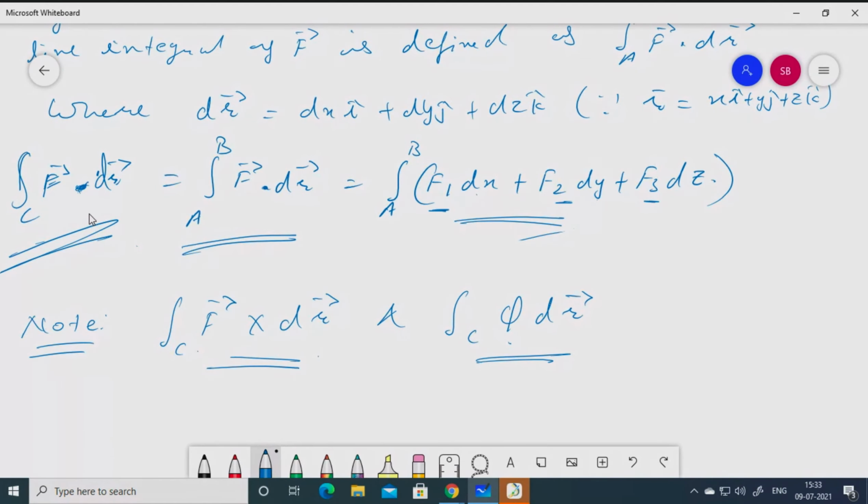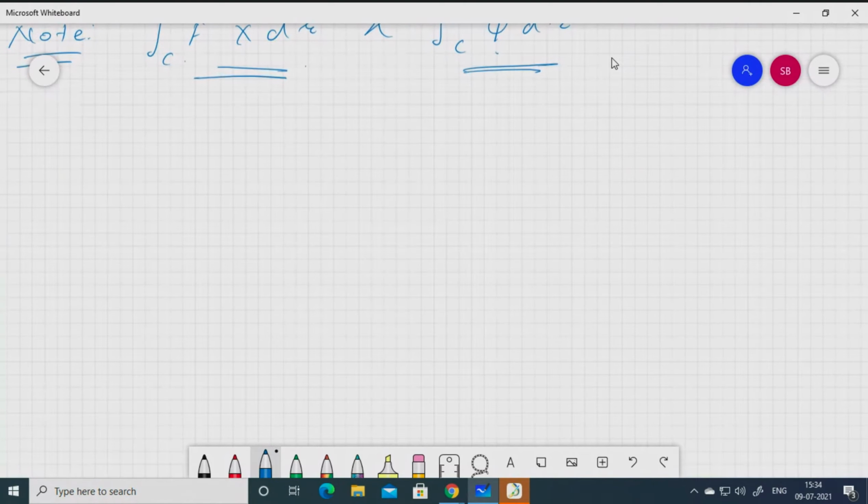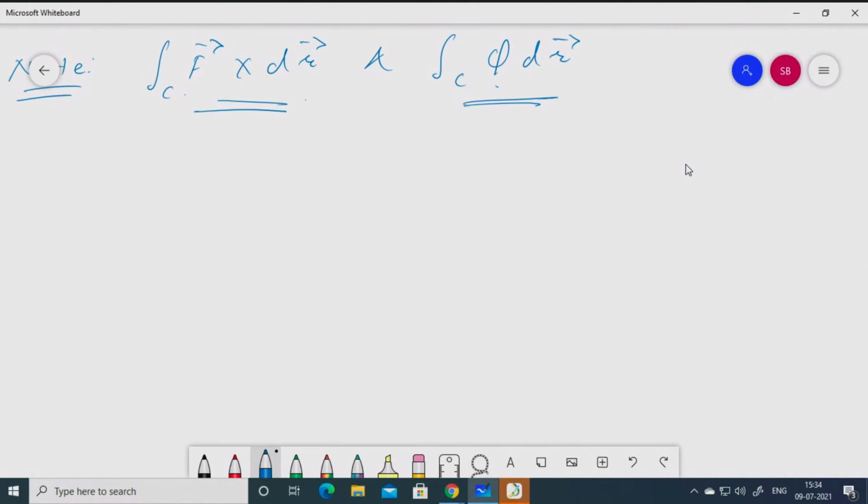Okay, so in general, any integral which is evaluated along a curve is called a line integral. Understood? Yes, ma'am. Okay.